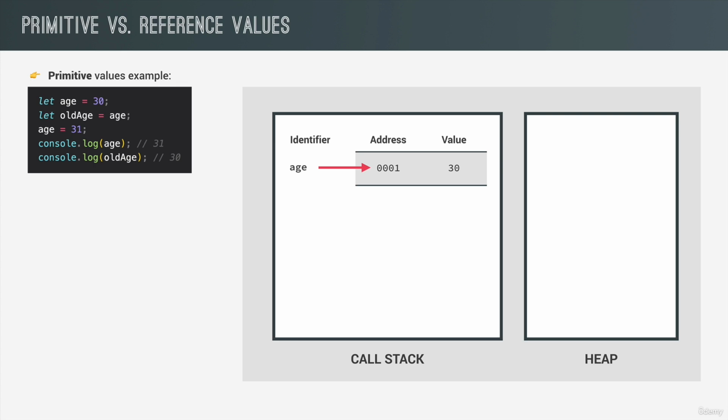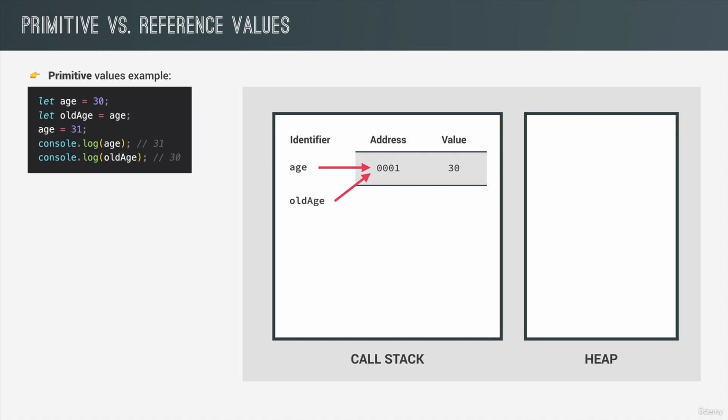And this subtle distinction is very important to keep in mind. Now, in the next line, we declare old age to be equal to age. So, knowing that a variable actually holds a memory address, what should old age look like? Well, it will simply point to the same memory address as the age variable. And so, it will look like old age is simply 30 as well. Great, but now in the next line, we set age to 31.